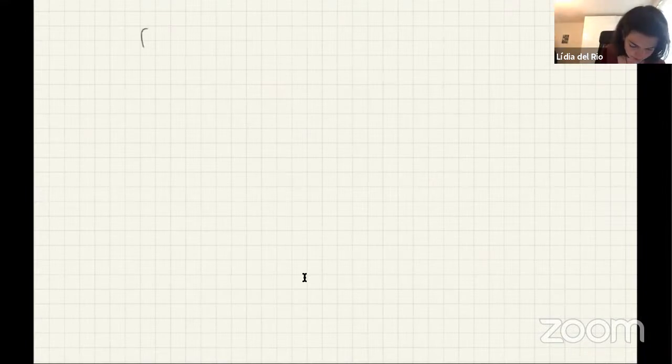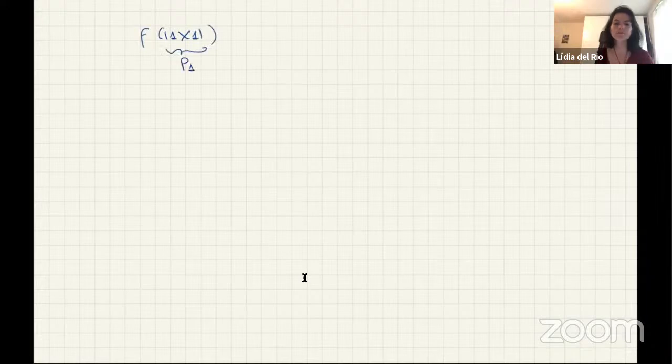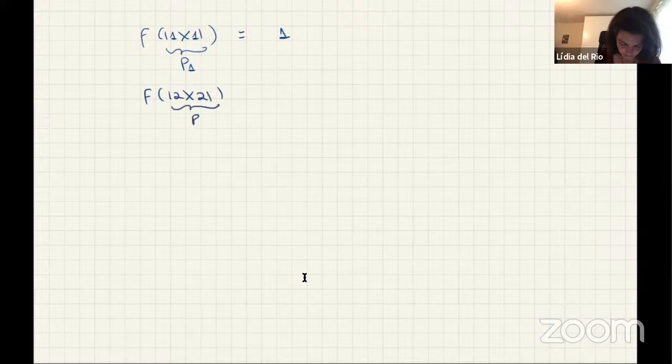In this case, we have that f of this projector P1, as we saw, the probability of finding it in this state is 1. The probability of the other one was also 1.